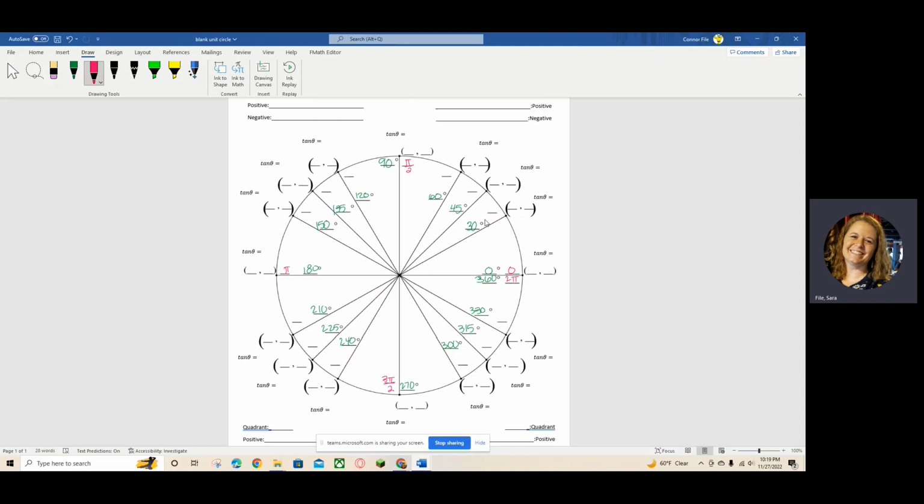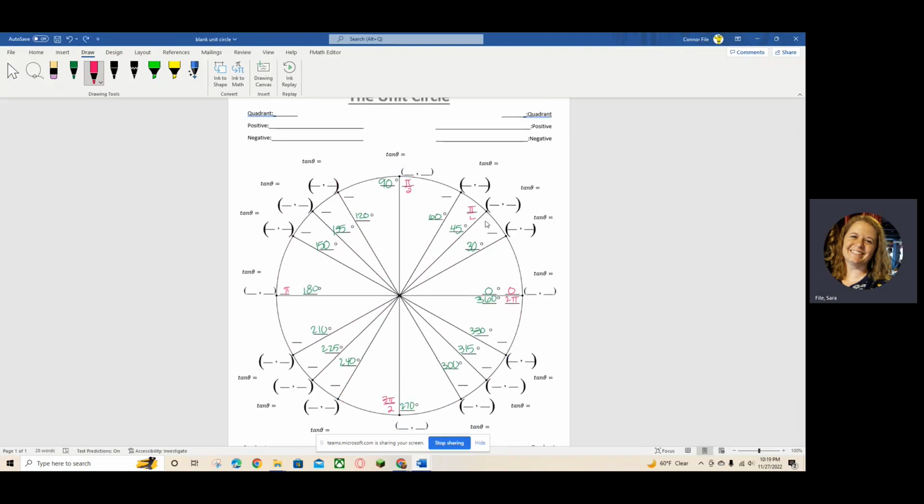And then we went through the quarters. Okay, so half of 90 is 45. So half of a half is a quarter. And we talked about how this is a quarter of the way to 180, because 180 divided by 4 is 45, or 180 divided by 45 is 4. That's where you can get your denominator.